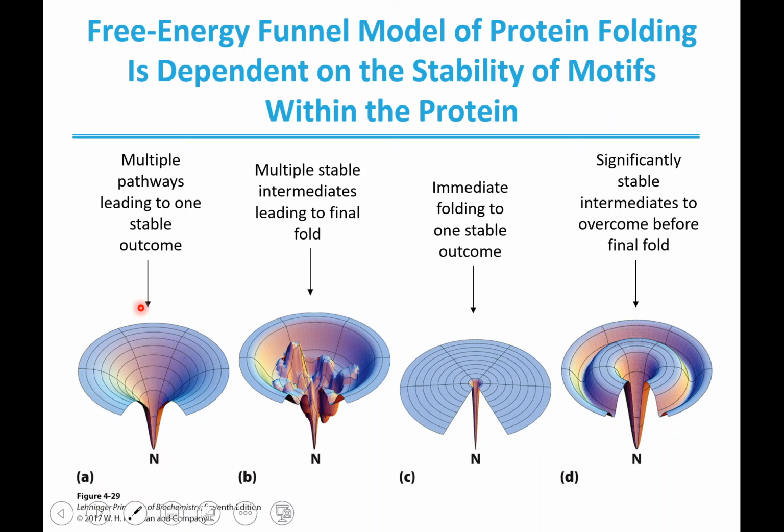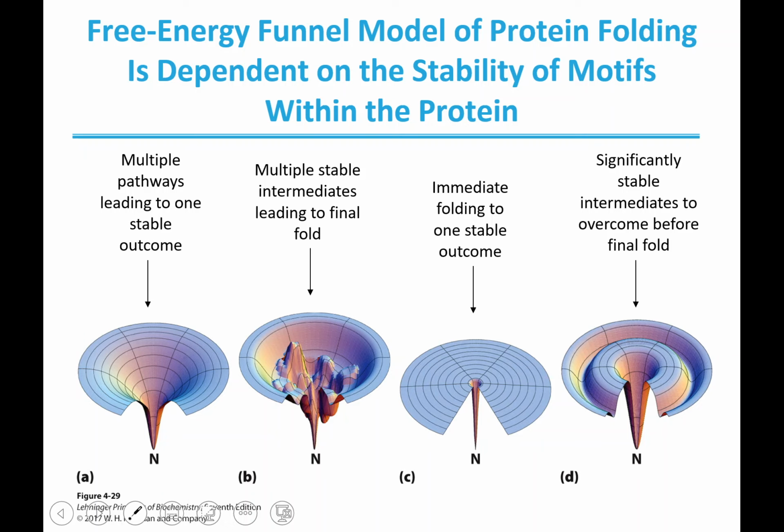If you start here and randomly go there, you would be bouncing all over the place. But it follows more of this surface, a funnel that drops you down in free energy to the native state. And there's different types of funnels.